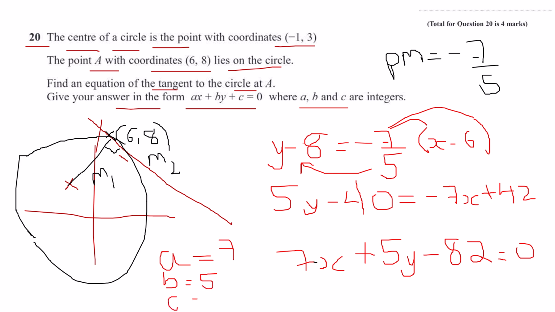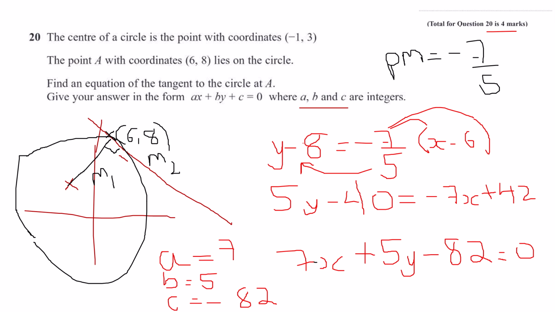This question was worth a total of 4 marks, so this is definitely a grade 9 question, quite a tricky and nasty question for the end of a Paper 1 exam. It's a bit unusual that they've requested it to be in this form. This is normally used in A-level and AS level papers, writing ax plus by plus c equals 0.